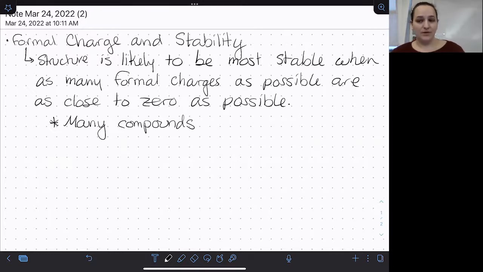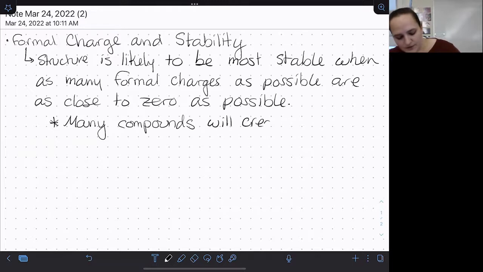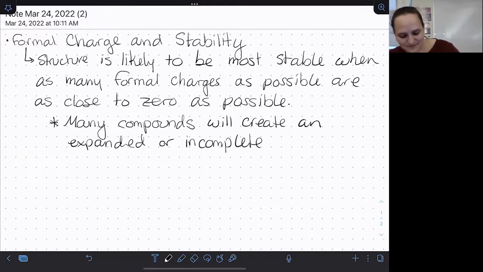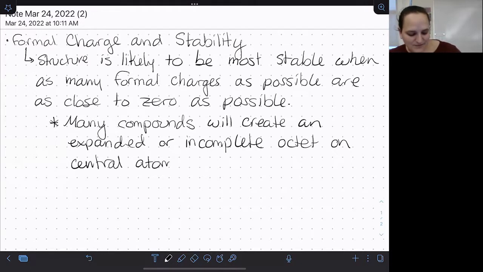Things that are capable of having expanded octets don't really mind. It's not destabilizing, particularly, for them to have more than 8 valence electrons accessible to them. So many compounds will create an expanded octet, or sometimes an incomplete octet, on the central atom in order to minimize formal charge.